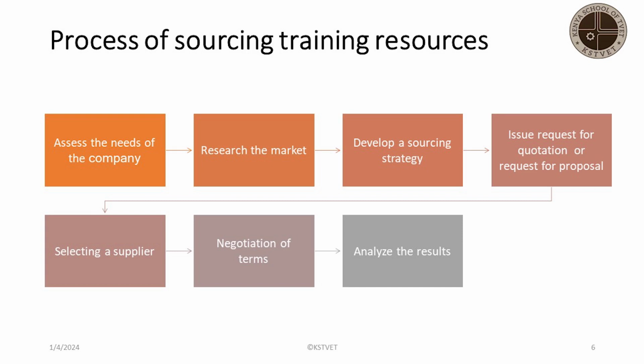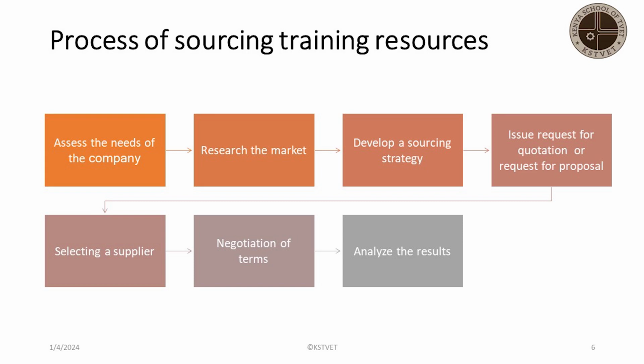4. You'll need to issue requests for quotation or requests for proposal. Here, you invite vendors to compete in the bidding process, where evaluation will be done based on the proposal submitted. 5. You select the supplier.